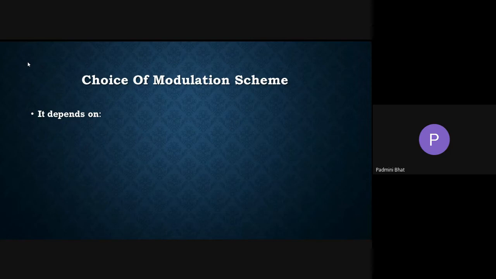For that, you have to go for an appropriate modulation scheme. What are the modulation schemes? As you have studied in the previous semesters, we have ASK, FSK, PSK. In PSK, we have varieties, that is BPSK, QPSK. These are the things you have studied, and other modulation schemes are also available.